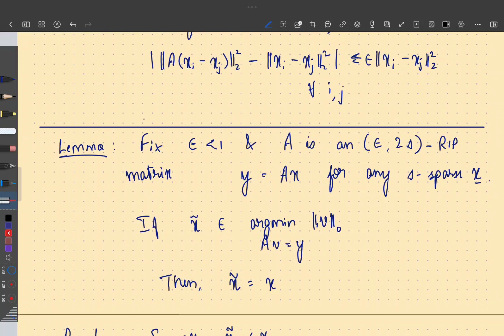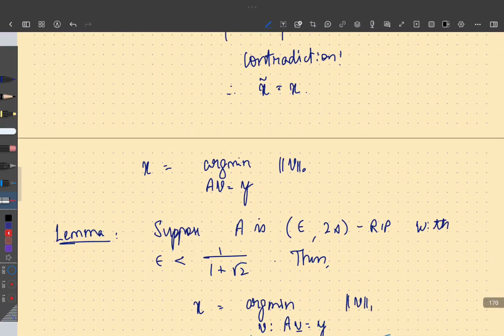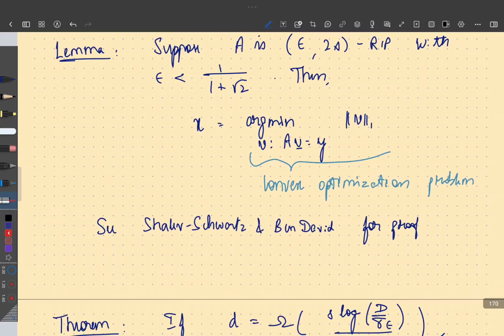And the question is, how well can you recover x from noisy linear measurements? Any questions?